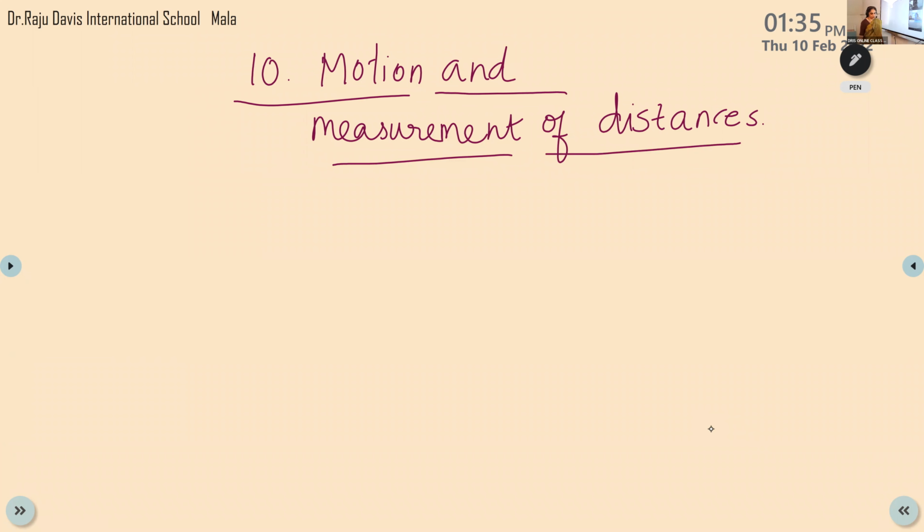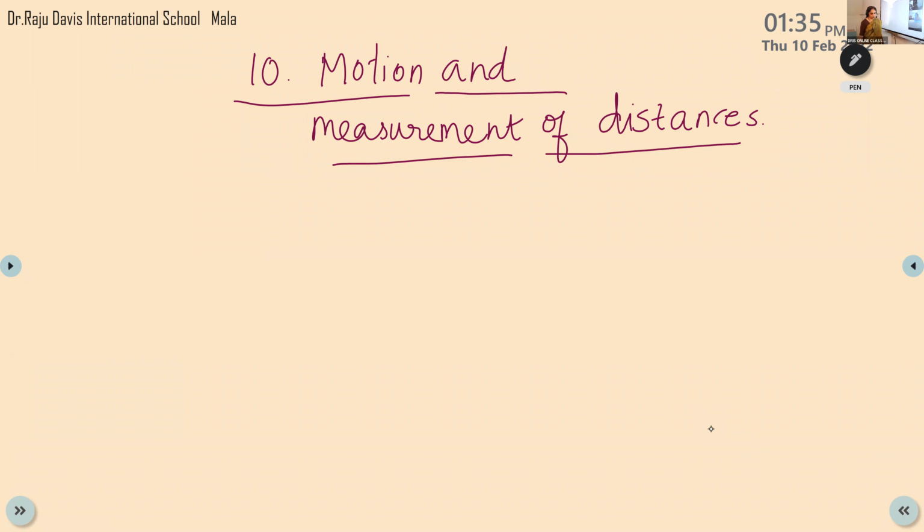Okay, Amna, when can we say that an object is in motion? Ma'am, when motion changes the movement. Movement changes the motion? When is an object said to be in motion? Jeline told the answer.